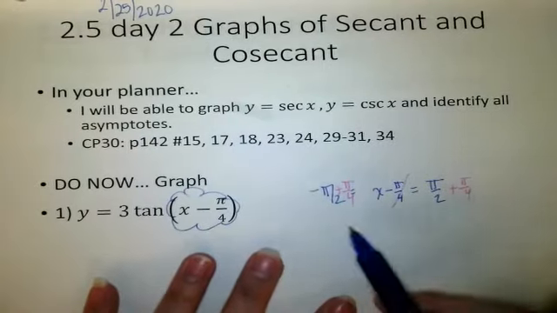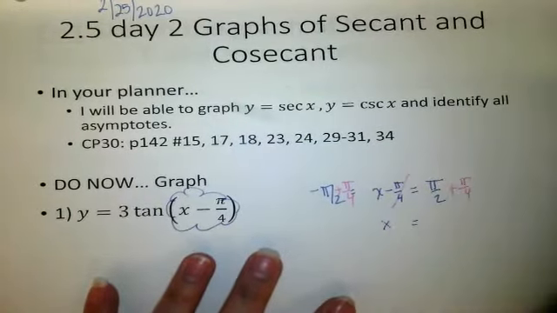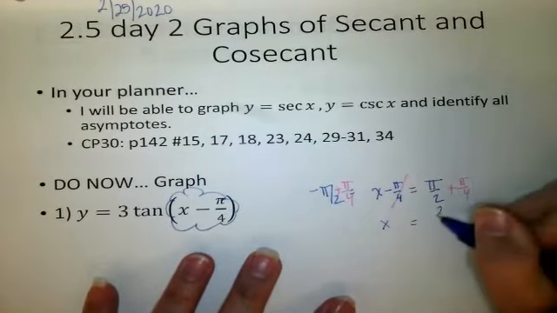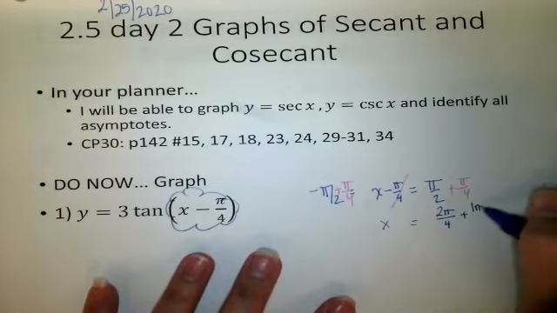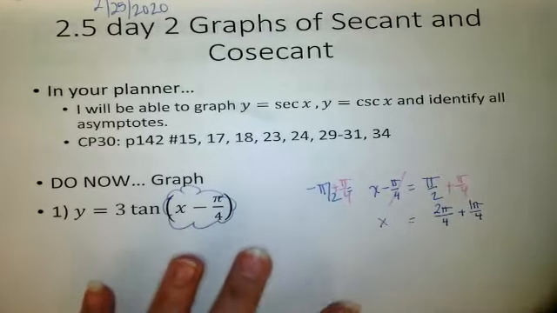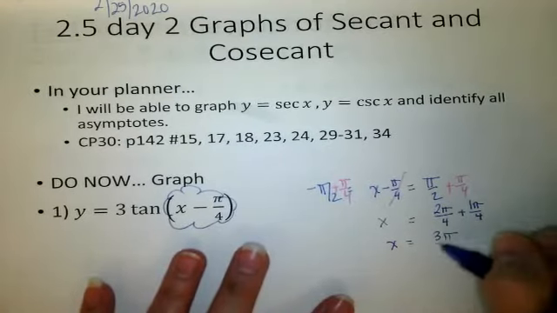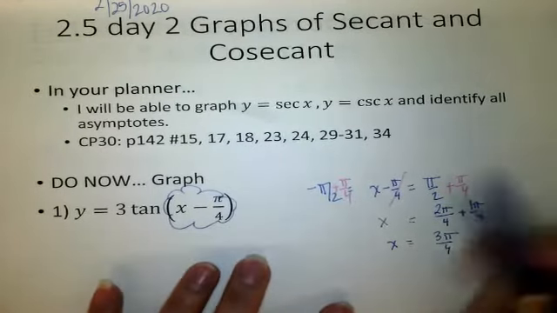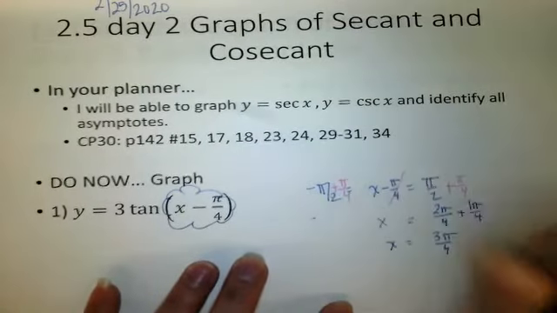All right. What do you need in order to add fractions together? Common denominator. So this becomes 2 pi's over 4 plus 1 pi over 4. Is that right? Yep. Which gives me 2 pi's plus 1 pi is 3 pi's over 4. Over here, we had negative pi over 2 plus pi over 4.